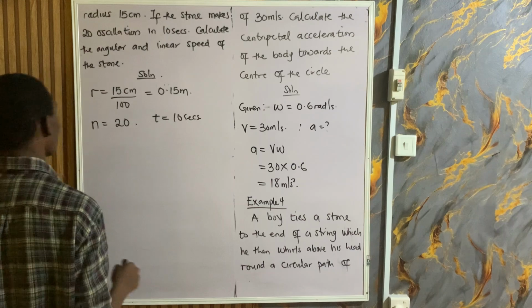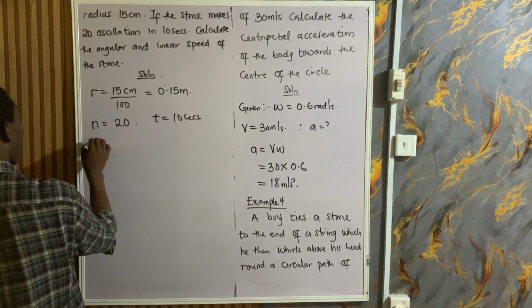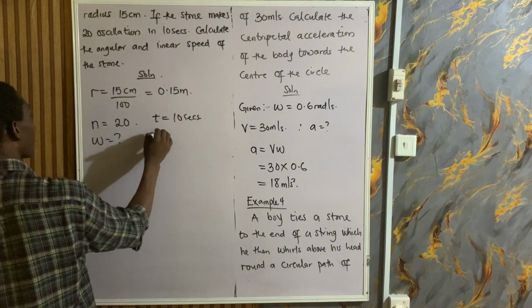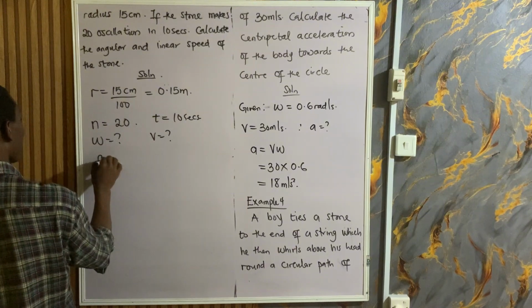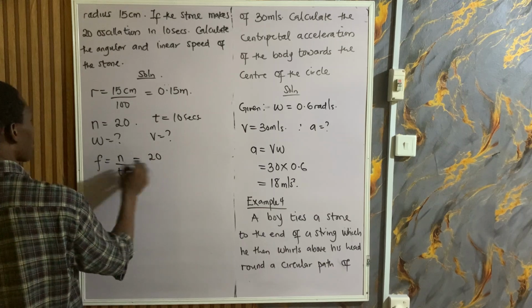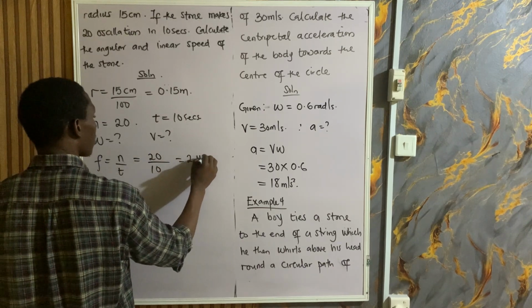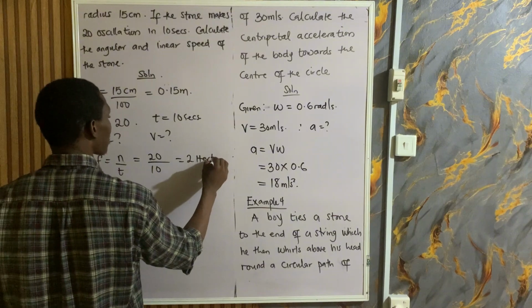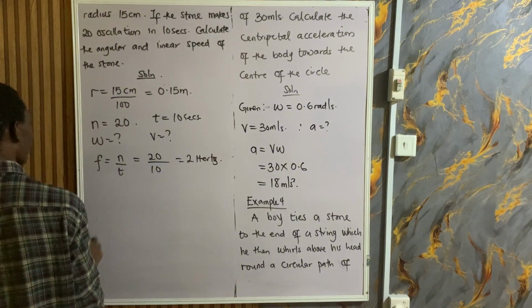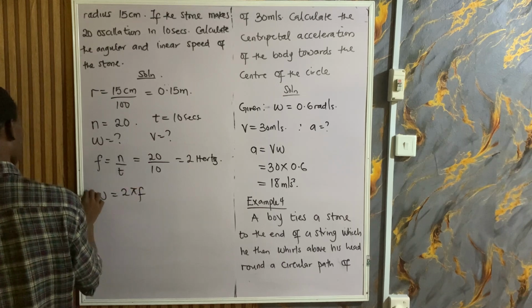So the first thing I will do here, since I have n and t, is to go and get our frequency first, because we are required to get omega and v. So we can get our f first, which is n over t, which is 20 as the number of oscillations over time, 10 seconds. This will give me 2 Hz, or 2 per second, or 2 revolutions per second. The next one is to go and get my angular velocity. Angular velocity is equal to 2 pi f, the first required one.